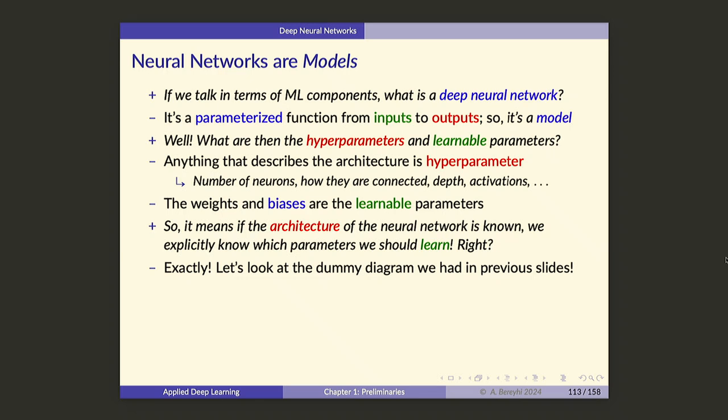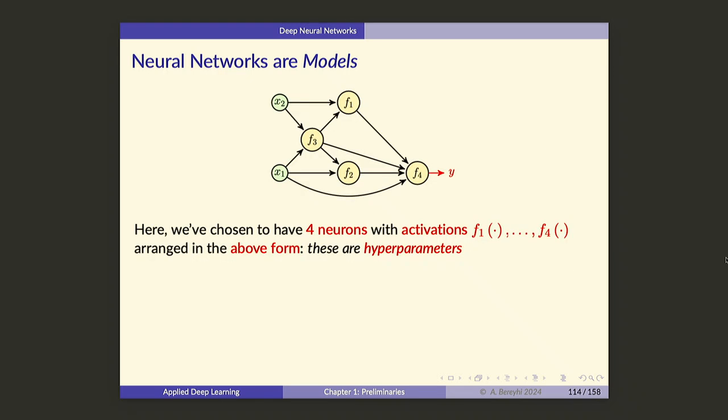So for example, here in this dummy example that we had, I have 4 different neurons, right? The first one is activated with function f1, then this one f2, f3, f4, yeah? This is a kind of hyperparameter that I have decided for those functions. Another hyperparameter is that I have decided on this particular architecture. So I decided to connect my input in this form to f3, then f1, and so on, yeah?